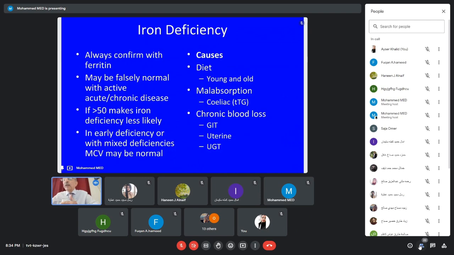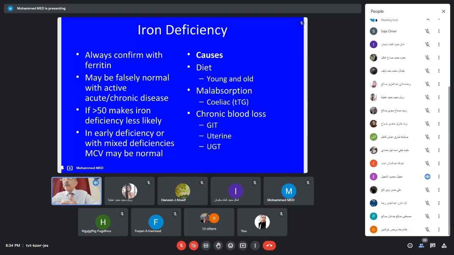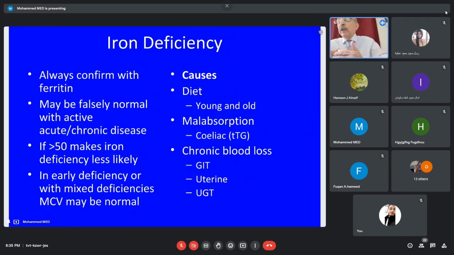So in a male, ask about signs and symptoms of loss of blood through the gastrointestinal tract, like melena or hematemesis, or the presence of occult blood, which is a very useful test, occult blood in the stool. And in a female in the reproductive period of life, ask about her menses, pregnancies, abortions, labor, etc.